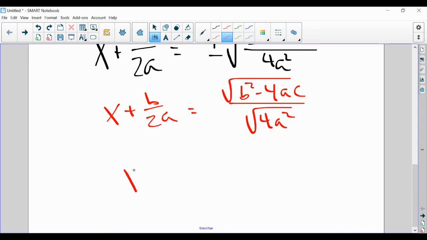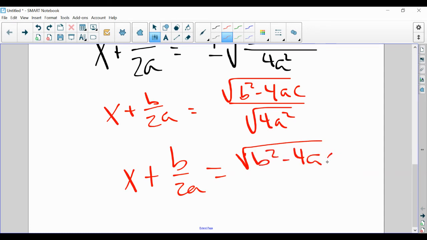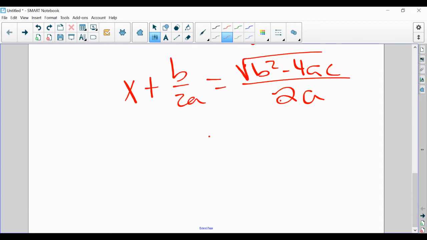All right, so x plus b over 2a is equal to that numerator, the square root of the discriminant. And what is the square root of 4a squared? Well, the square root of 4 is 2, and the square root of a squared is a, so it's all over 2a. That sounds familiar too. Now, the last thing I'm going to do is subtract b over 2a, because remember, I'm solving for x.